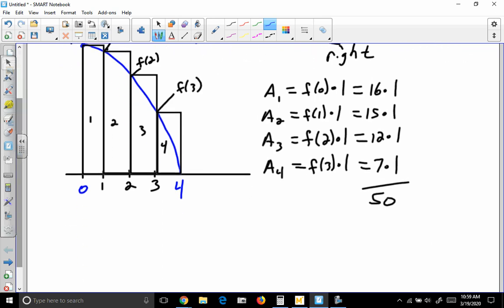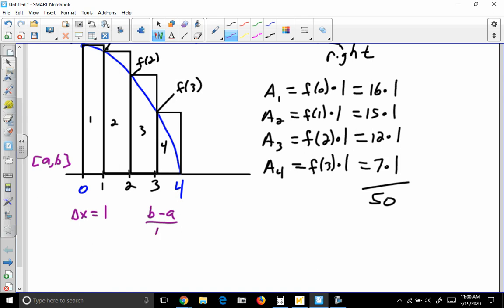So we calculated, or we said that our delta x in this case is 1. How do we get delta x? So we take the width of our interval, b minus a, where our interval goes from a to b. So 4 minus 0, so our width is 4. And then we divide that into, in this case, 1, 2, 3, 4 equal pieces.